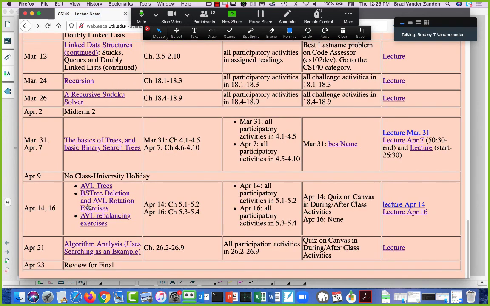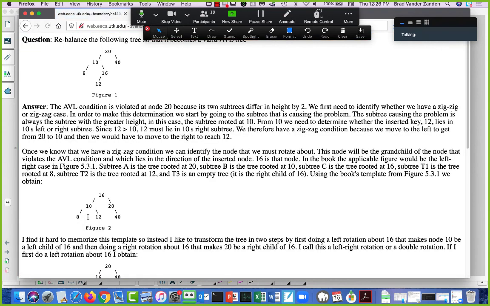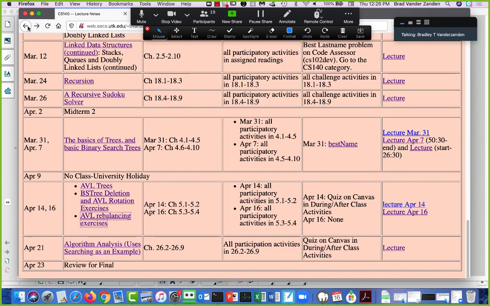I also have some rebalancing exercises. If you look here in April 14th and 16th, you click on the rebalancing exercises. These are from a past test. So these two questions are from past tests. I highly recommend you look at these as well. There's no after class exercise today, so don't worry about that. As I said, I'll go through a couple things with AVL trees on Tuesday.